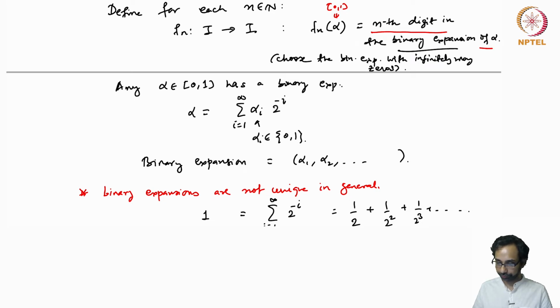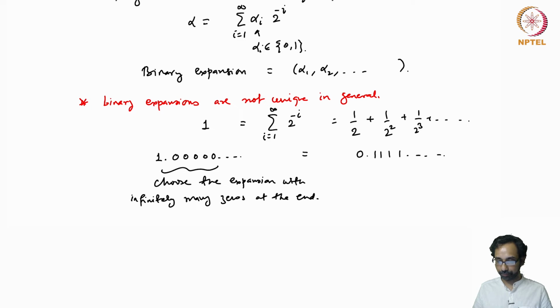So for example, if alpha is say 0.5, then this is nothing but half, so it will have the binary expansion 0.1, and so f_n will be 0 for n greater than 1 and will be 1 for n equal to 1. So this is how we define this function.